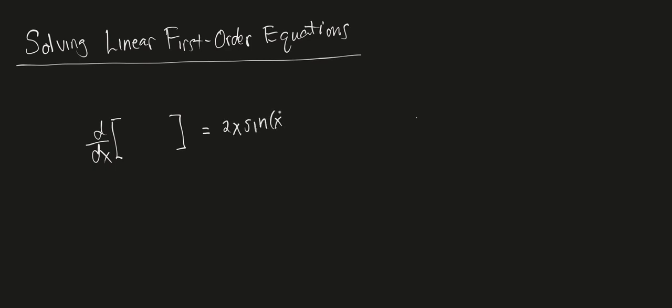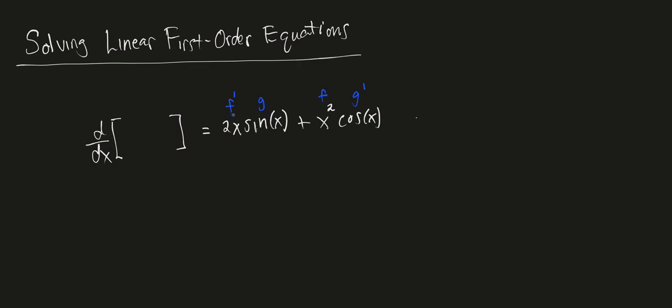2x sine of x plus x squared cosine of x. Now remember, the product rule states, and there are several ways you could say it, but you could think of this as your f prime, and then this would be your f, and that would make this your g, and then we can see that this is your g prime.